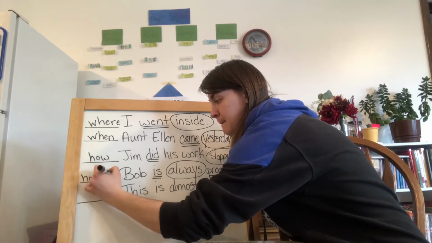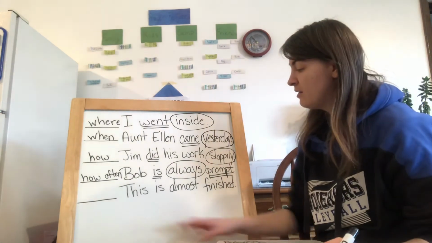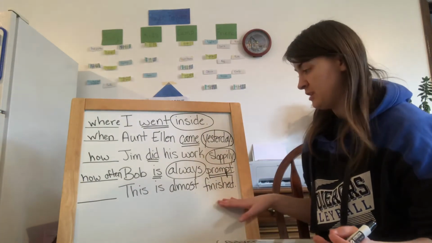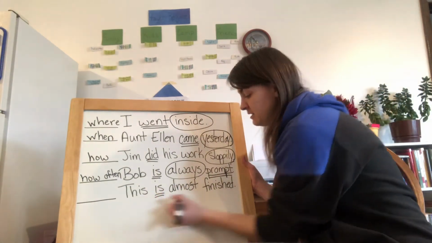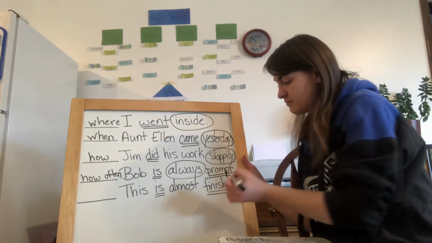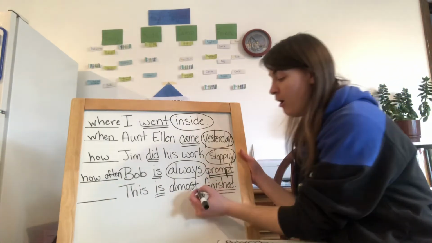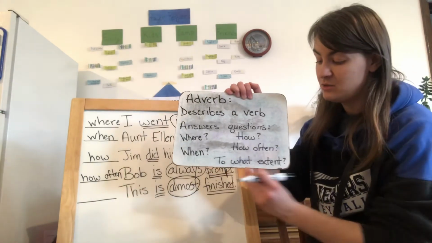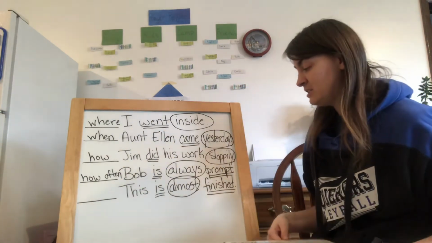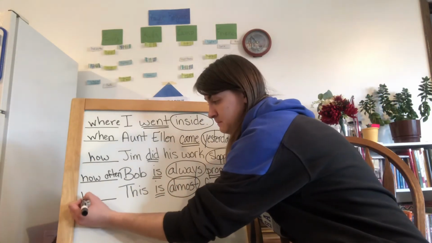For the final sentence, this is almost finished. Our verb, once again underlining it twice, is finished. And the word that's describing is finished is almost. And it's answering the question for us, to what extent? To what extent is this finished? It's almost finished.